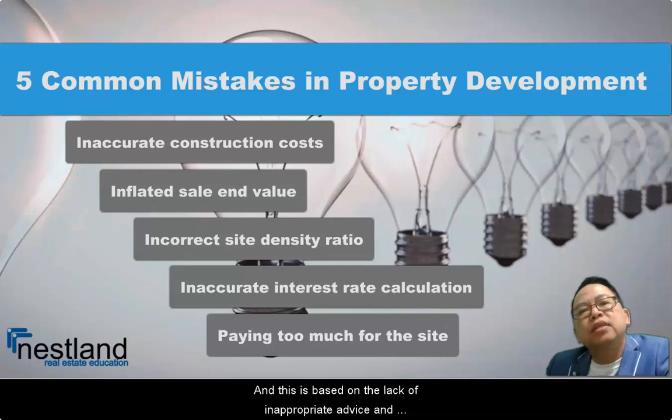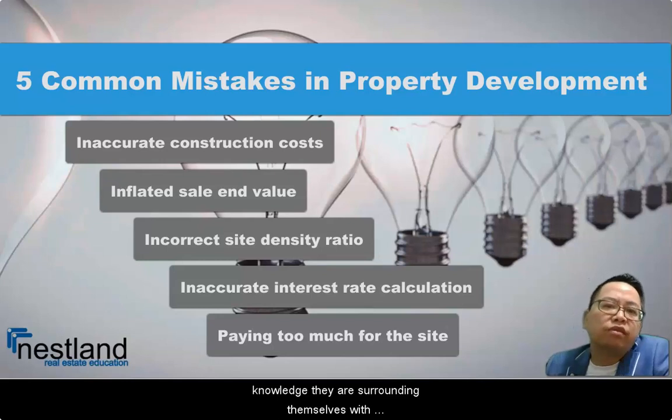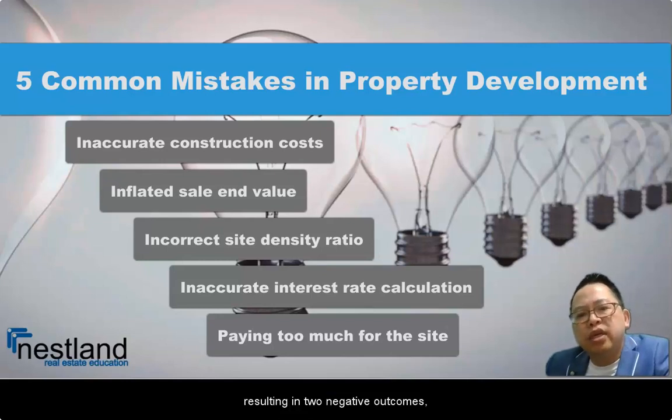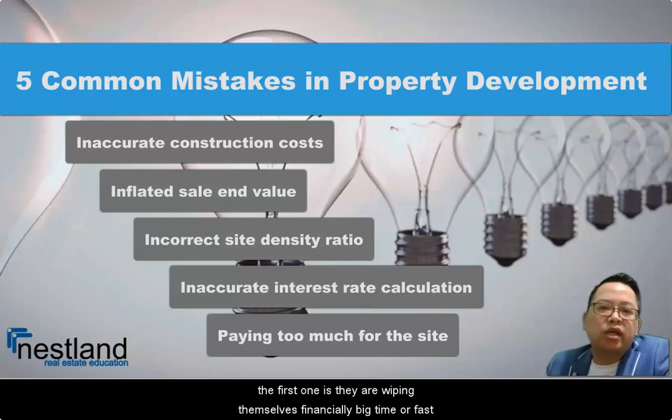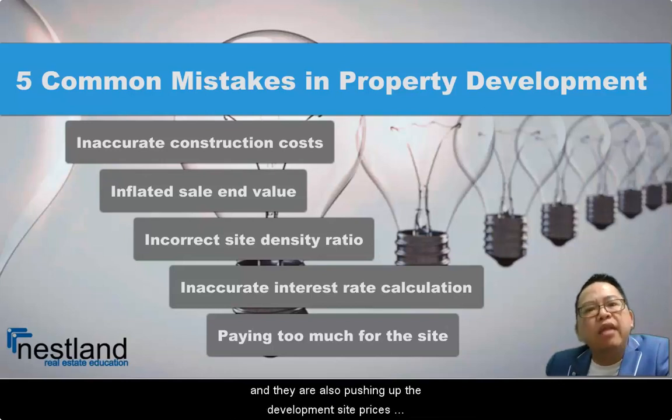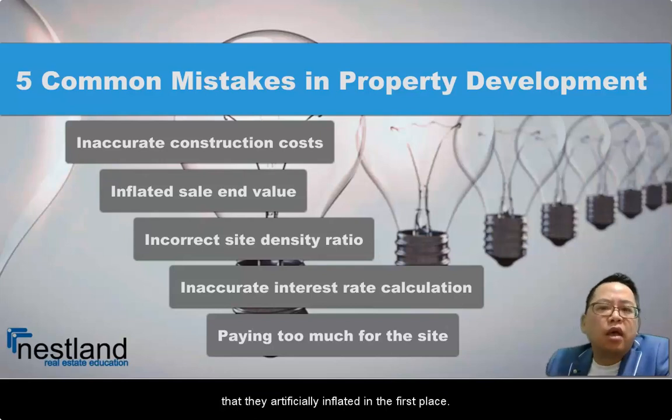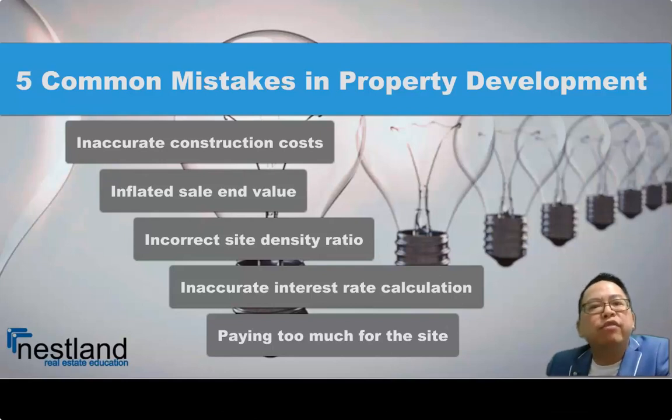And this is based on the lack of appropriate advice and knowledge they are surrounding themselves with, resulting in two negative outcomes. The first one is they are wiping themselves financially big time or fast, and they are also pushing up the development site prices that they artificially inflated in the first place.